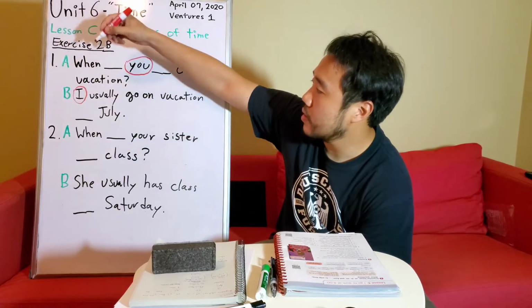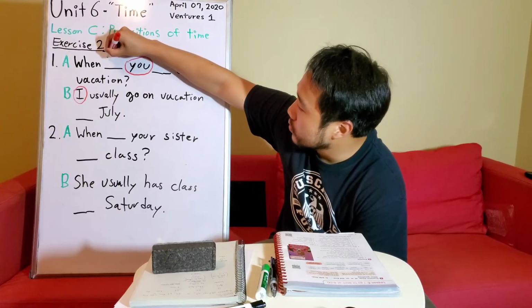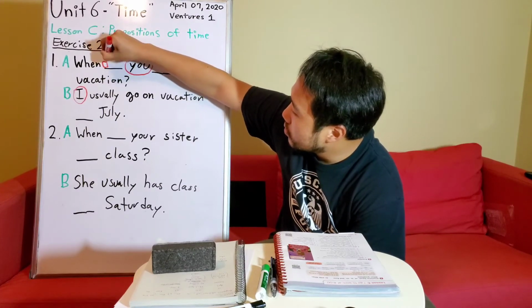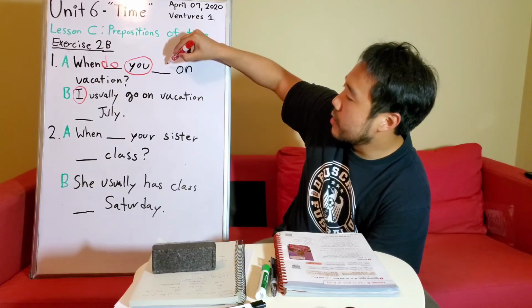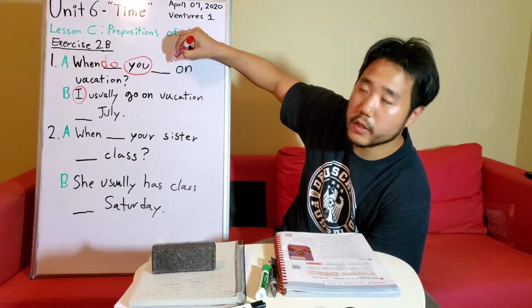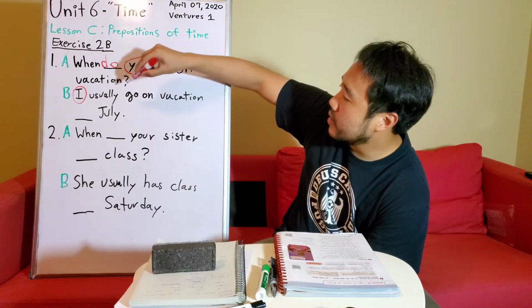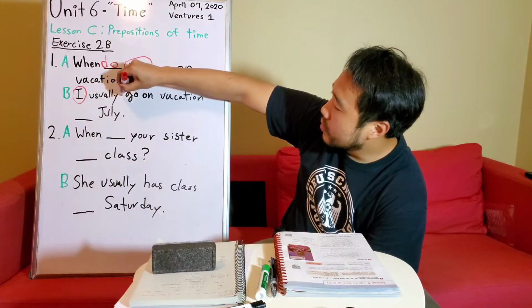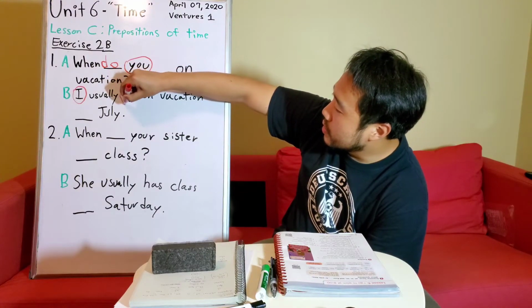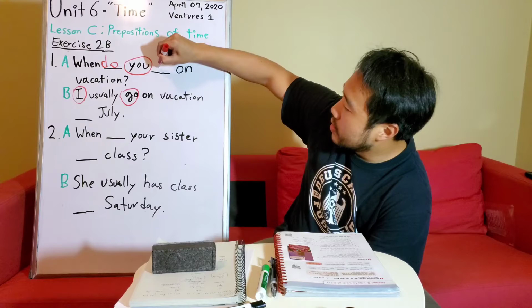In this case, because it's not he or she, we use do. We need a verb here, and in order to figure it out, we can look at the answer. Here it says I usually go on vacation, so we're able to use this verb here.